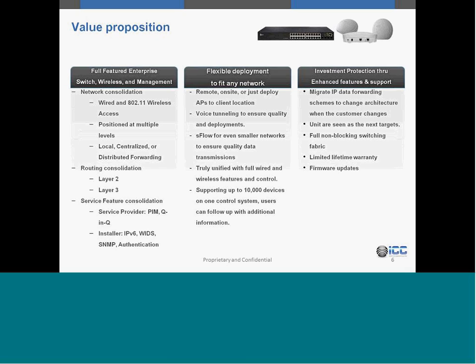So 10,000 and beyond number of devices in one control system allows the users to grow significantly with the system. They can start off in a small, more distributed environment, and as they become a larger entity and need centralized control over all of the devices, they're able to do so.